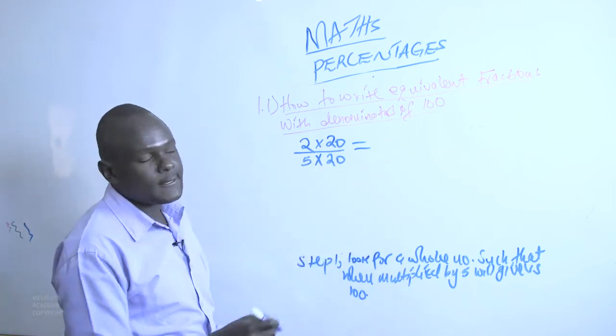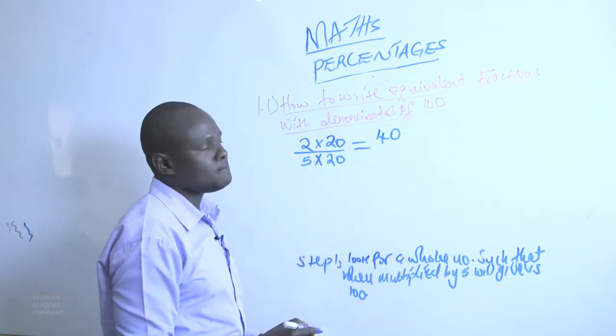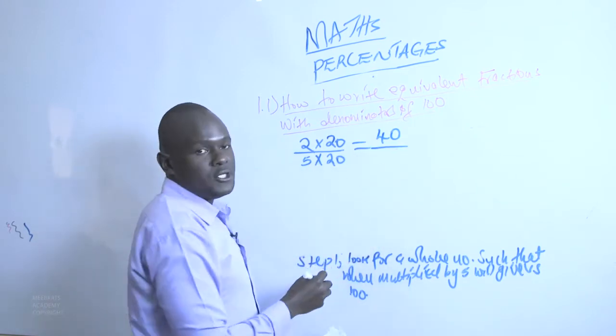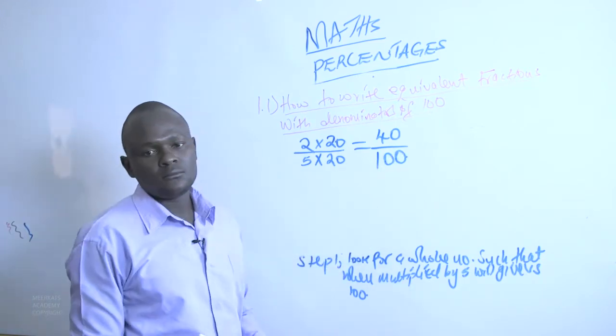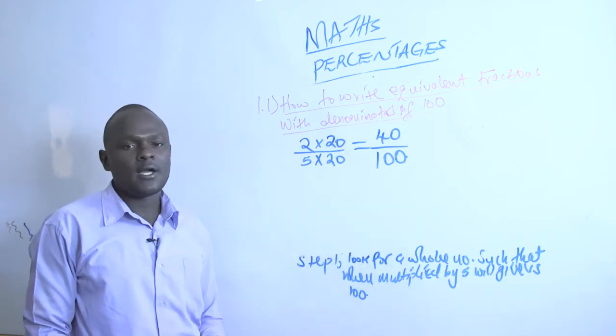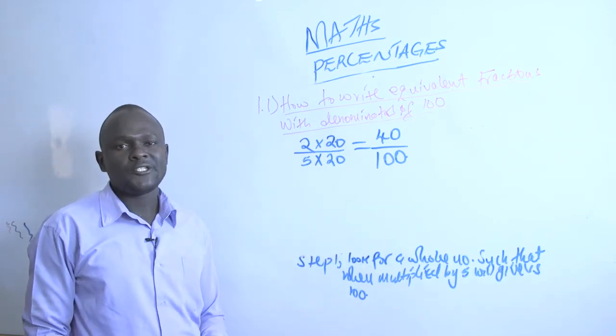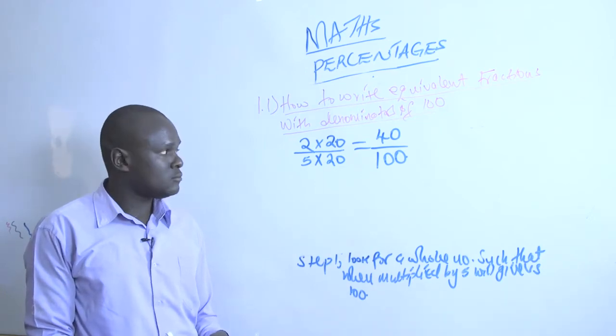We are going to get the numerator as 40, while the denominator will be 100. Looking at this equivalent fraction, the new fraction that we have, we will have achieved what we intended to do.